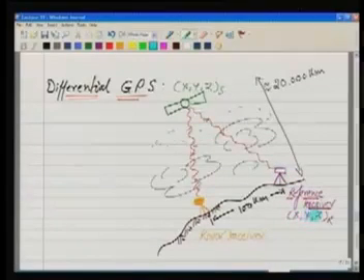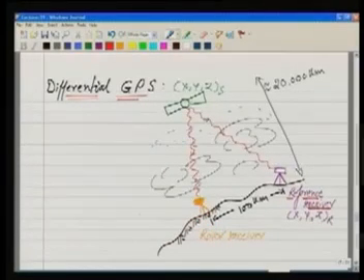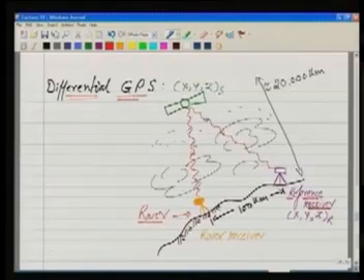We know the coordinates where the reference receiver is sitting. The receiver where we want to determine the coordinates we set as the rover, because it is moving. So we are interested in the coordinates of this particular point and the reference receiver.